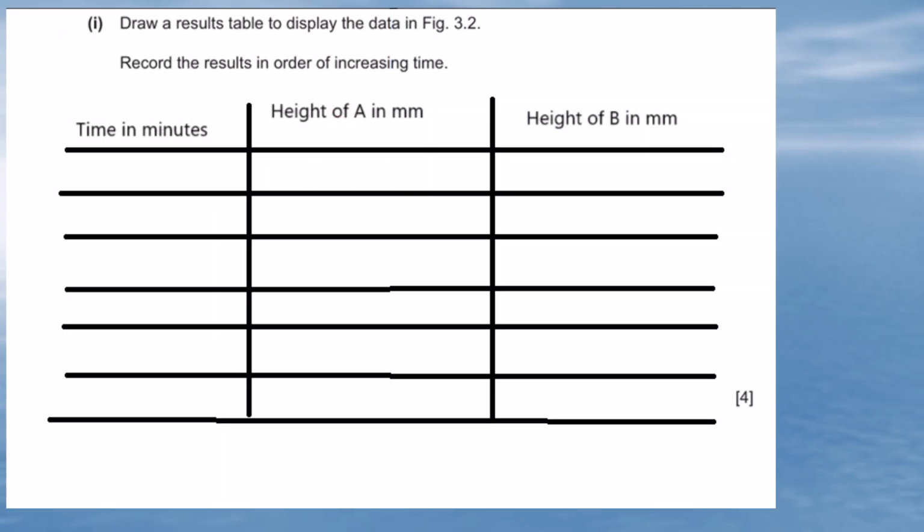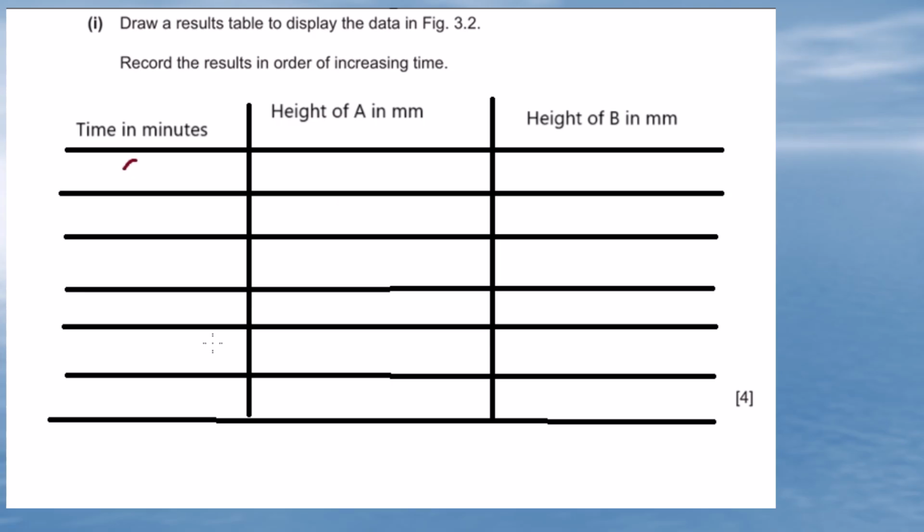The next one here is one we also often see in marine science, where you're basically asked to draw a result table. And this is super simple, and yet I see quite a few people who don't get all the points here. Basically, we have our time in minutes here, and our height of A in millimeters, height of B in millimeters. Important thing is we have the units up here.